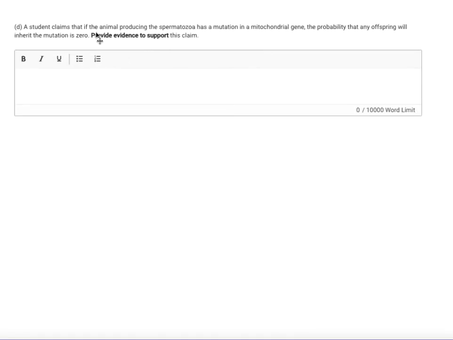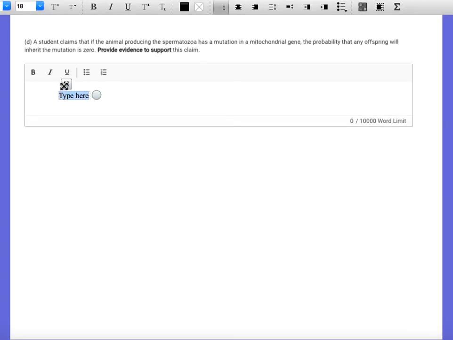And then a student claims that if the animal producing the spermatozoa has a mutation in a mitochondrial gene, the probability that any offspring will inherit the mutation is 0. Provide evidence to support this claim. Well, as you all know, mitochondrial genes are only inherited through the mother. Mitochondria are basically not present in spermatozoa.